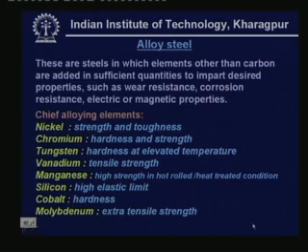Suppose you want strength and toughness, you can use nickel. If you want high strength and high elastic limit, you can use silicon. Molybdenum can give you extra tensile strength, and so on. So, the utility of alloy steel is immense in the design of machine elements.